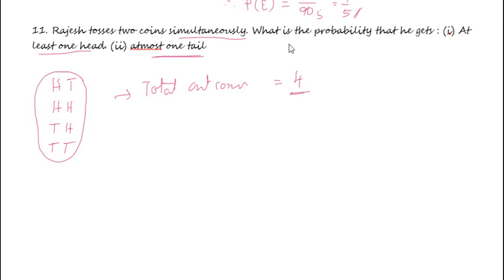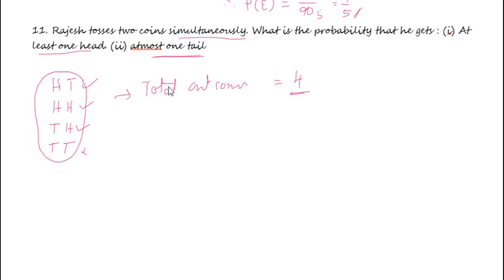Now let us try to answer the question. At least one head. You must have at least one head. So here one head is there. Here also one head. Two heads are there, but it says at least one head, so this is also a favorable outcome. This is also favorable, but not this one, because there is no head here.